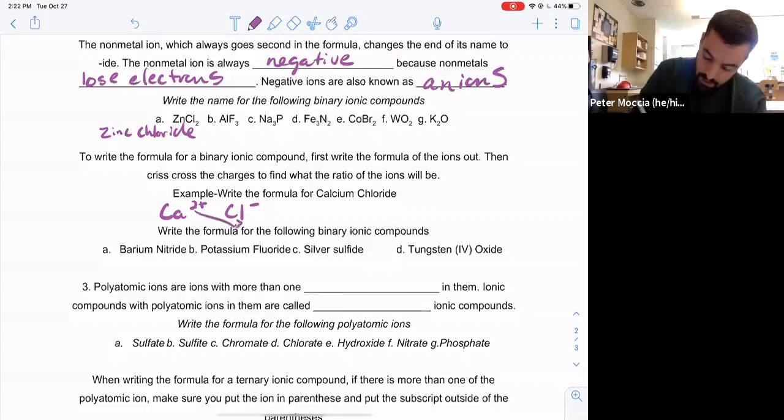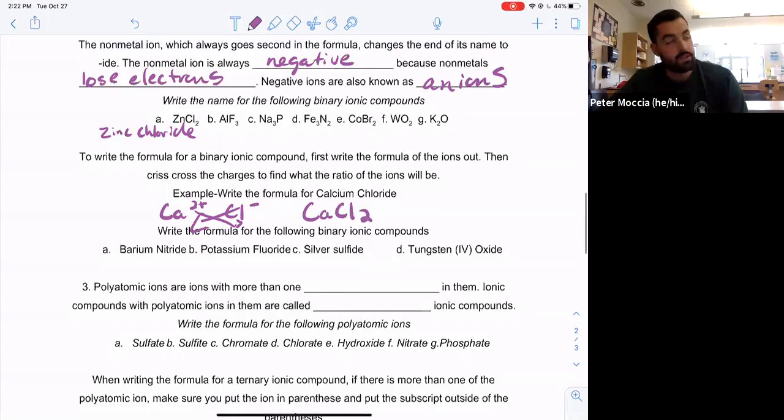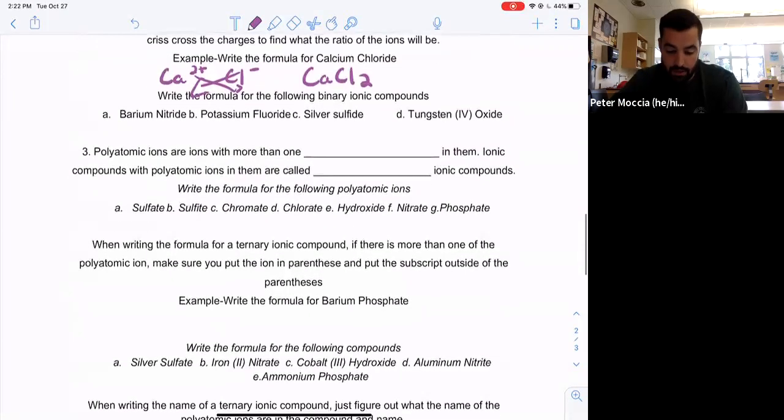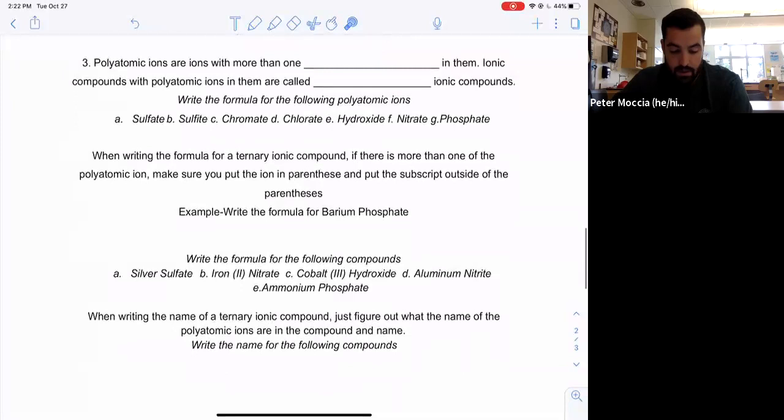We crisscross these charges to find the ratio of the ions. So we have CaCl2, because you need 2 negative charges to balance out the 2+ charge. Write the formula for the following binary ionic compounds. You do that on your own.